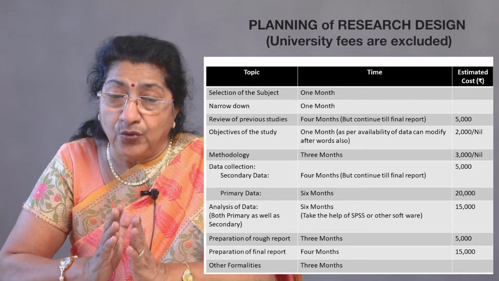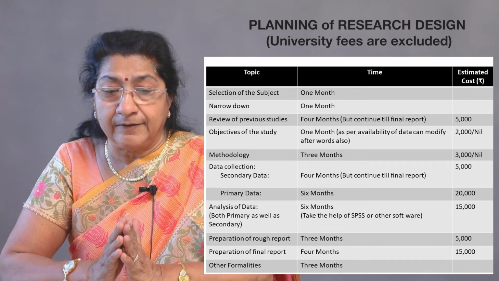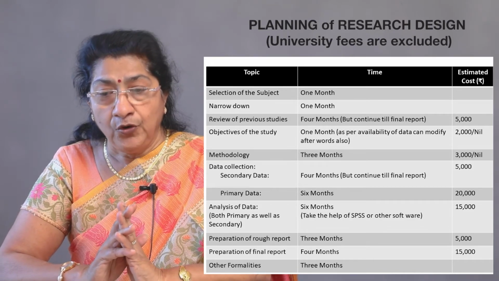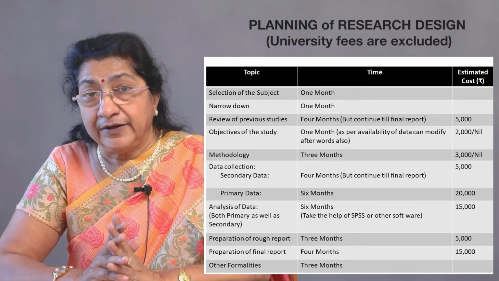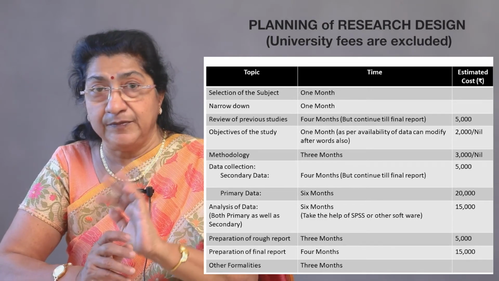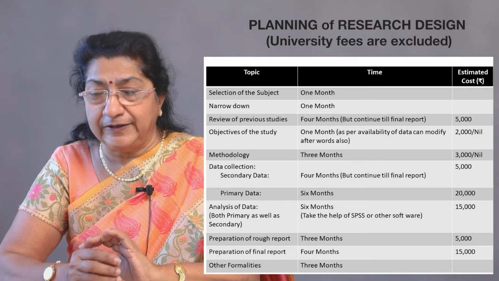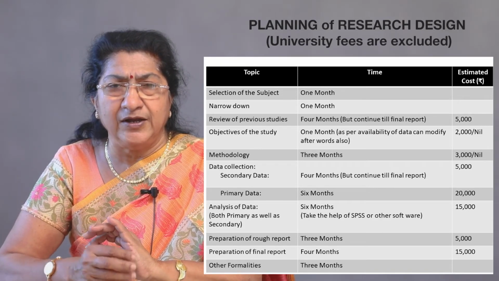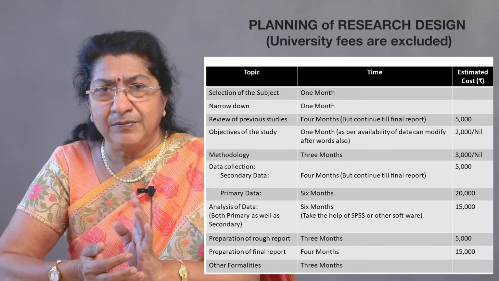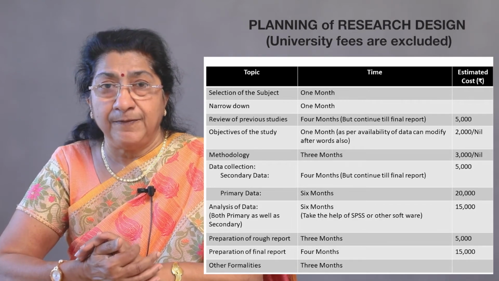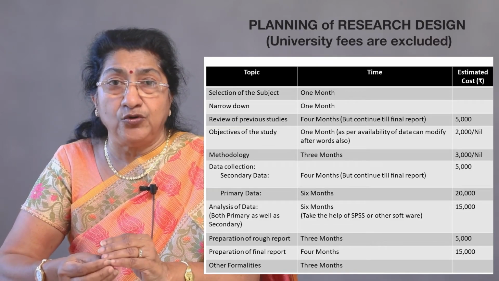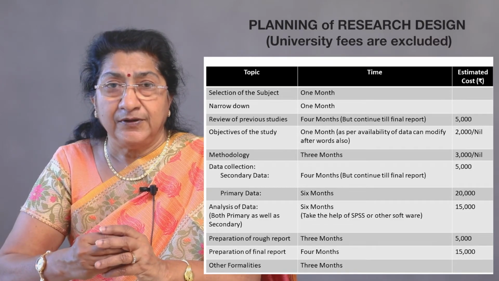Then you have to prepare a rough report for your study. For that it takes a minimum of 3 months. You have to take the printout, you have to format your document, and for that you have to pay a minimum of 5,000 rupees. Then you can give this report to your expert.